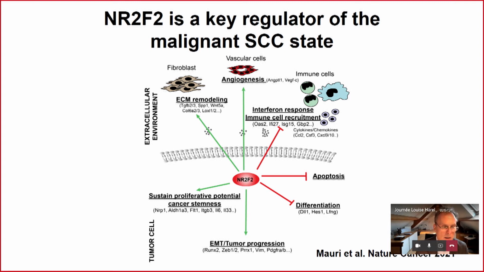It sustains the proliferative potential and the cancer stemness. It represses differentiation. It represses apoptosis. It represses the invasion of immune cells. And so when you remove NR2F2, there's a massive recruitment of neutrophils and other immune cell types into the tumor. And also it promotes tumor progression and EMT.